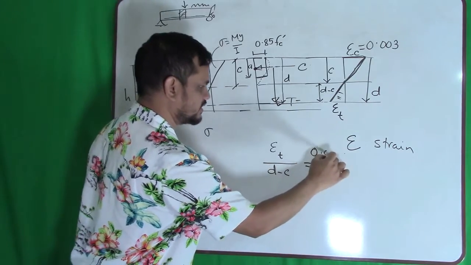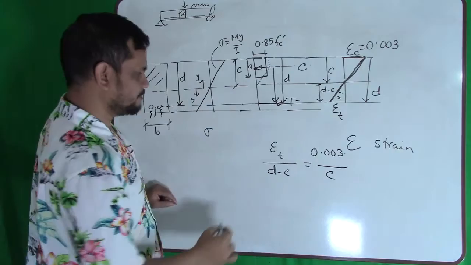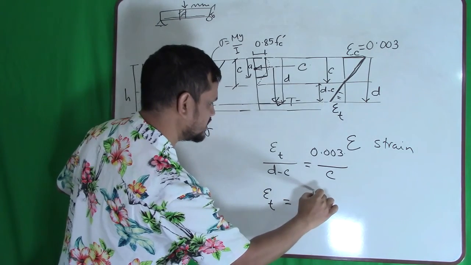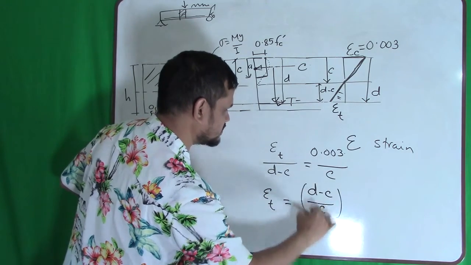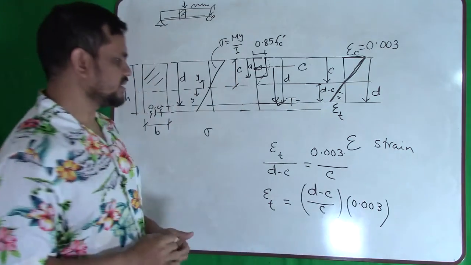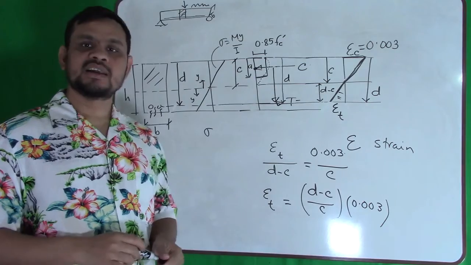So 0.003 divided by C. Then epsilon T equals (D minus C) times 0.003. This way we can find the value of tensile strain.